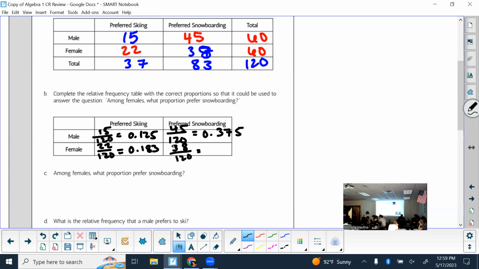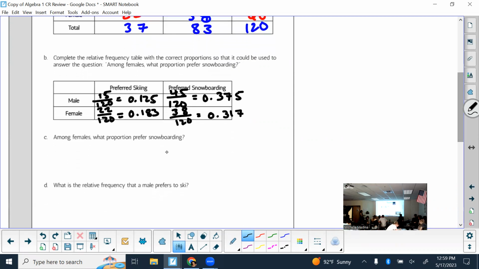Which is what? 0.316. Yeah, well, maybe if you're rounding to 3 spots, it'd be 0.317. All right, anyway, good. So it should be all decimals or all percents. If you did percents, then it would be 12.5% here, 37.5% here, 18.3%, and 31.7%.